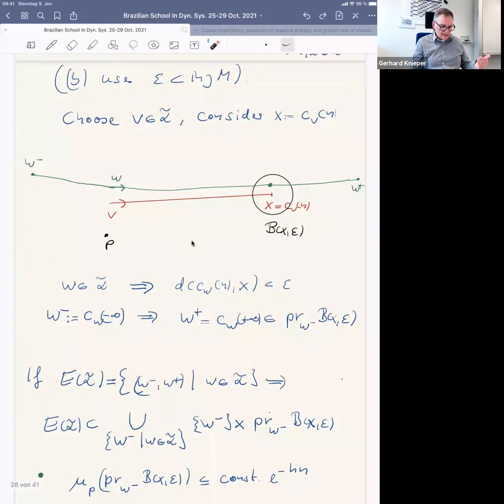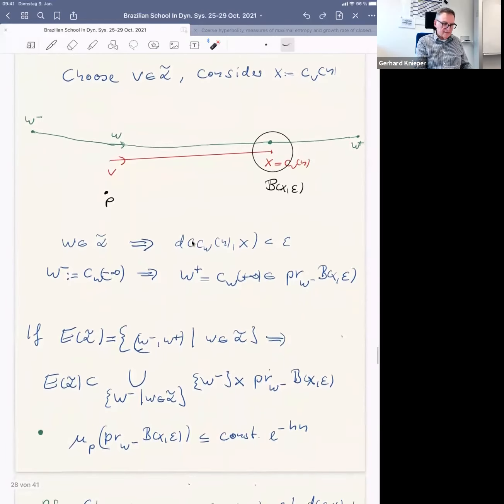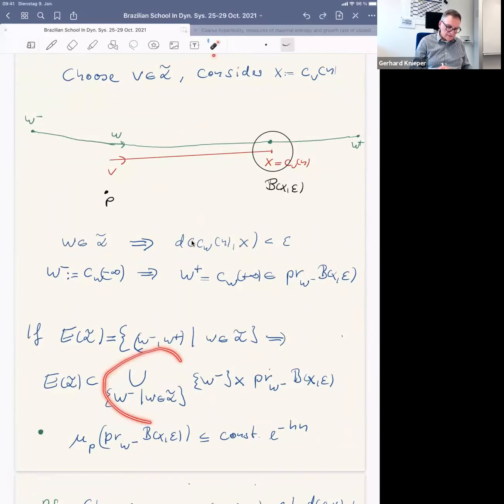So you get w minus, w plus. And what I just said is that this picture here tells you that the endpoints of this Z alpha tilde is contained in this union.